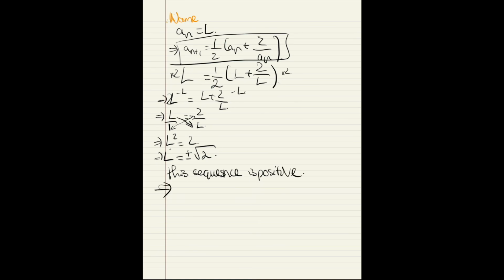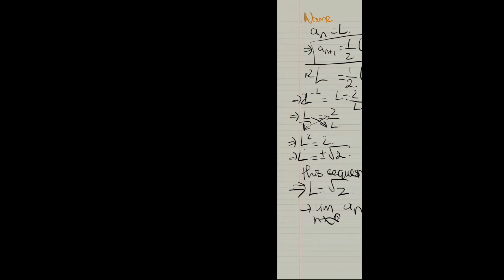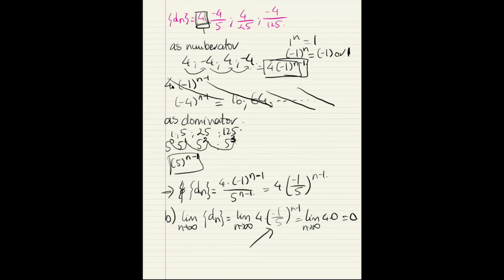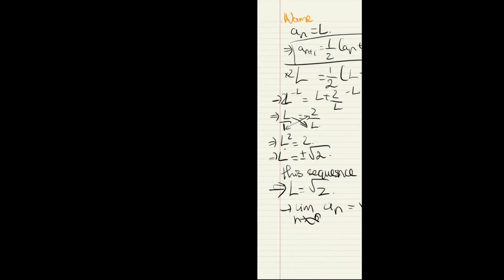By that L equals the square root of 2, which means the limit as n goes to infinity of an equals the square root of 2. Okay, so we have just gone through the 3 different kinds of questions that we are doing for the sequences.